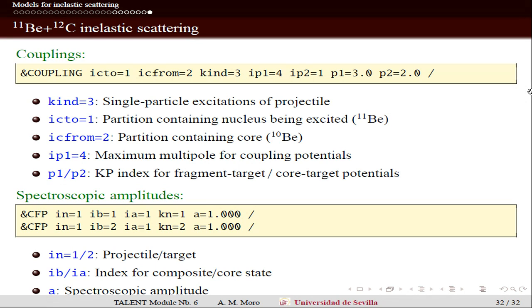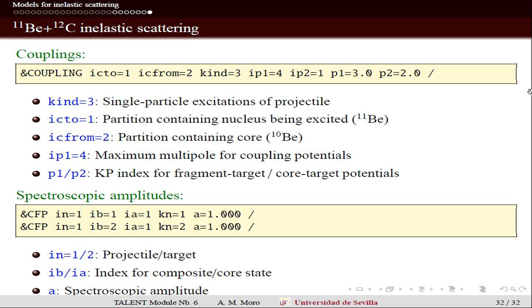And finally, we have to give the fragment target. The fragment is the valence particle and the core target potential. This is specified through these variables that point to the indexes for the potentials, the KP indexes.